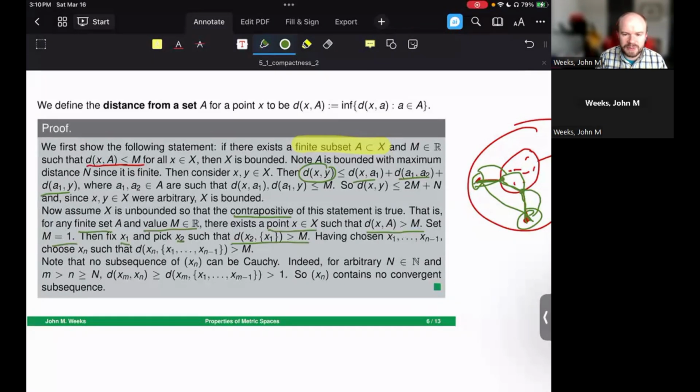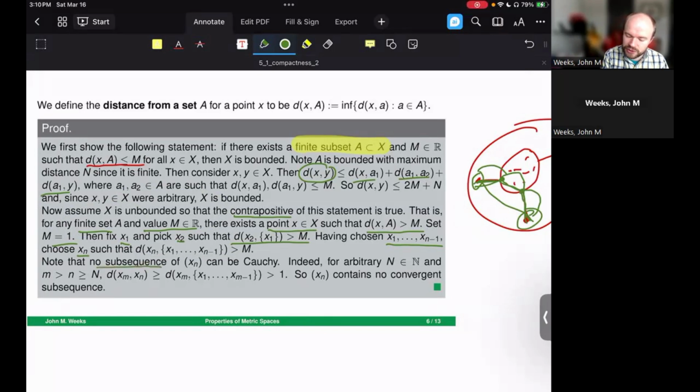Notice that I can do this by exactly this contrapositive. I have a finite set and I have a value, so there's going to exist a point x that makes this distance true. But notice that I can do that at any point of this recursive process. After having chosen x1 to x_{n-1}, I can then choose xn so that the distance between xn and any other point in that set is going to be greater than 1.